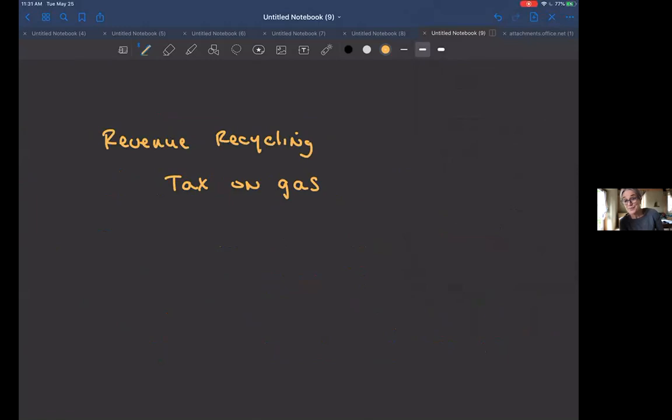So gas becomes more expensive, but then you cut payroll taxes. Right? So you're paying less taxes out of your paycheck. And this actually gives people the option, if they wanted to be more efficient and have efficient vehicles, and they didn't want to drive long distances to and from work, they could do that and they would actually save more money.